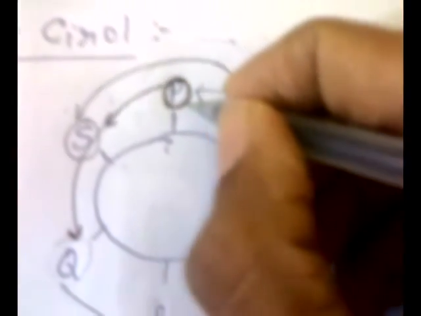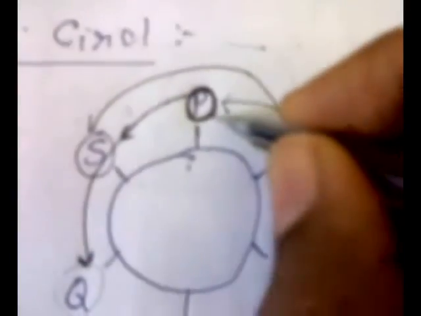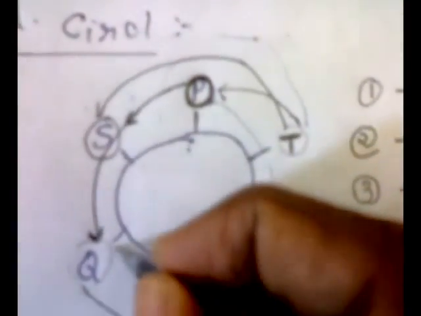So we moved in anti-clockwise direction, it means Q is second to the right of P. And if we move in clockwise direction, there is first, there is second, there is third and there is fourth.